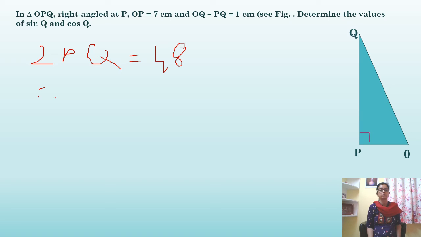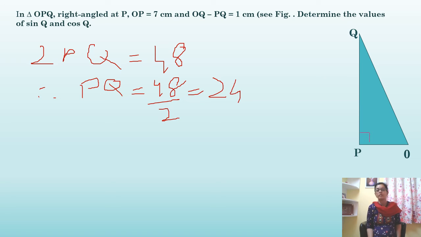Therefore, PQ is equal to 48 upon 2. That is 24. So we have got the value here. You already know that OP is 7 centimeter and now you got PQ is equal to 24 centimeter.